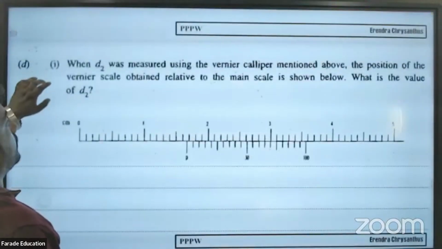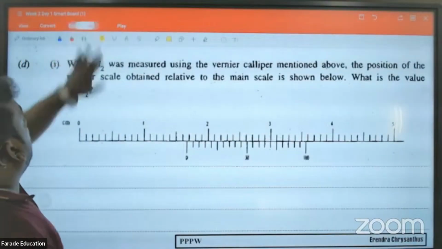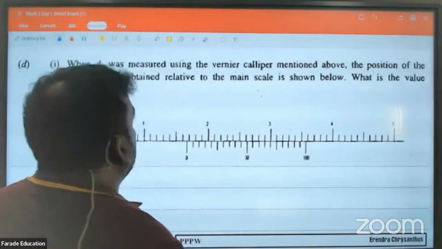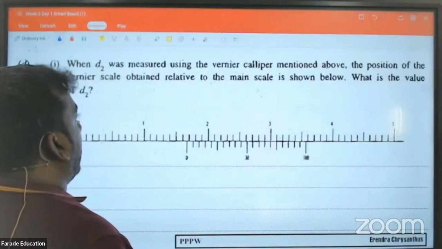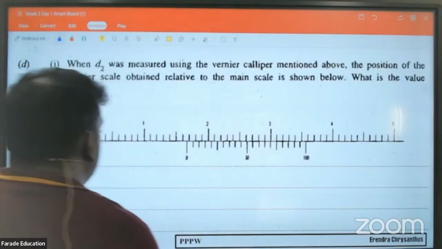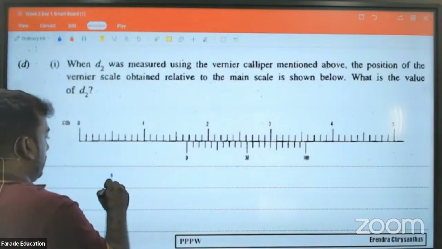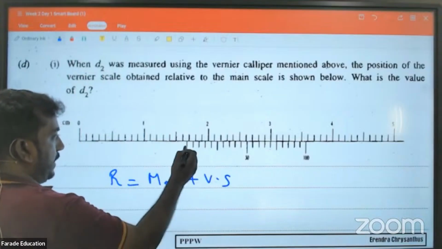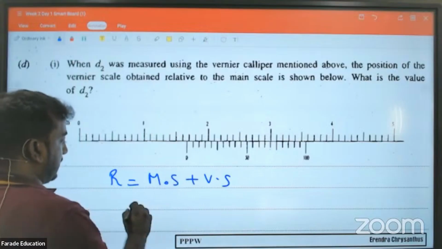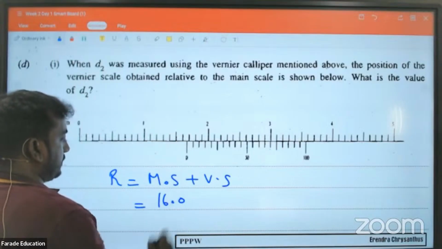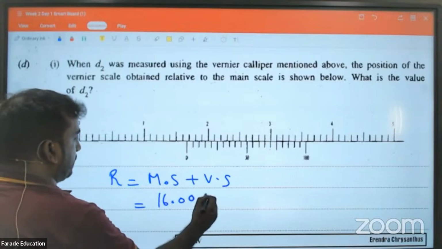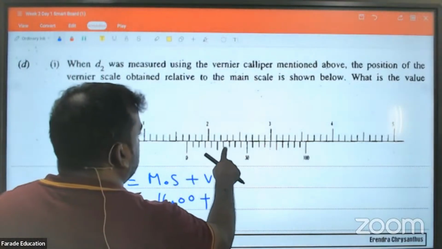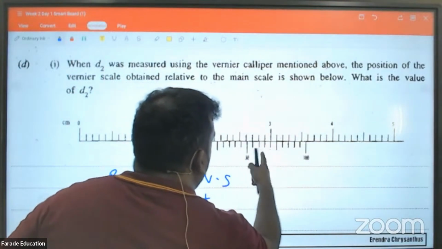Moving on. When D2 was measured, D2 means internal diameter. The position of the vernier scale relative to the main scale is shown in the figure. Reading is main scale plus vernier scale reading. Vernier scale 0 is between 16 and 17, so let's take 16 millimeters. Which vernier scale division is in line? 1, 2, 3, up to 12.